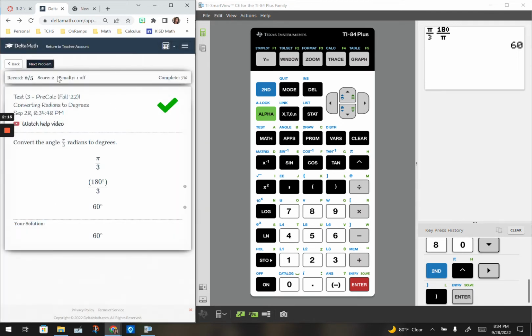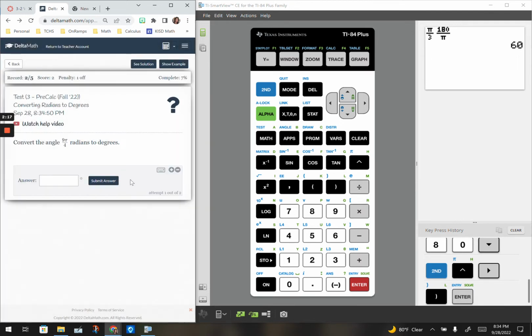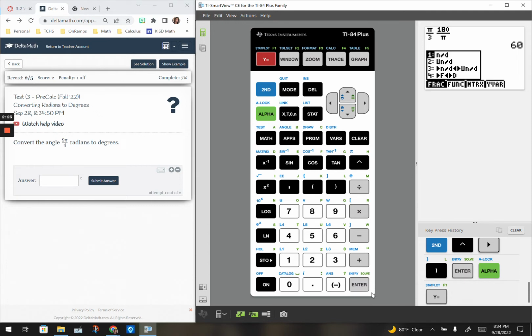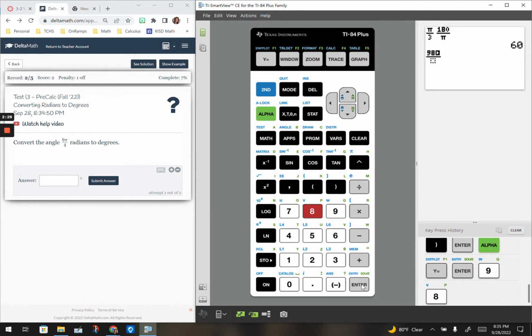So again, 9 pi over 4. I will start with alpha y equals on this type of calculator. Type 9 pi. Whoops. Let me do that again. 9 pi. And then I'll arrow down to the 4.